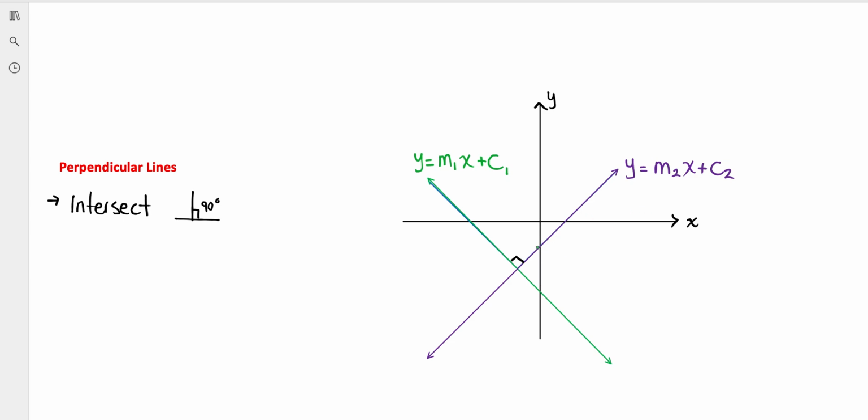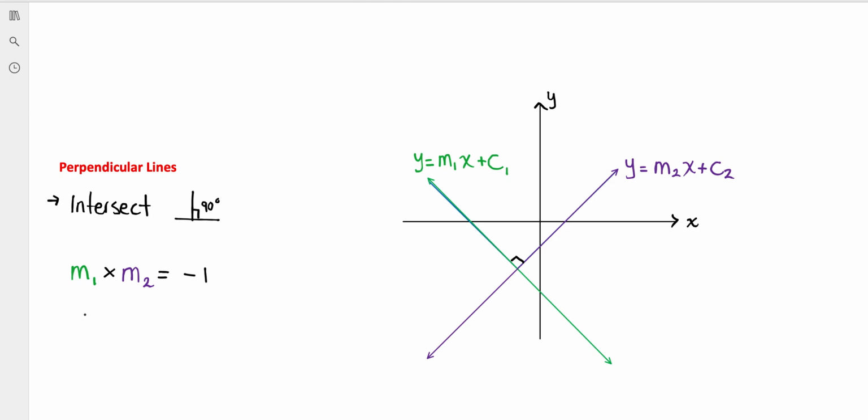They don't have the same y-intercept. That's what I meant. The relation between their gradients is that if I do m1 times m2, it is going to be equal to -1. So in other words, one is going to be the reciprocal of the other.